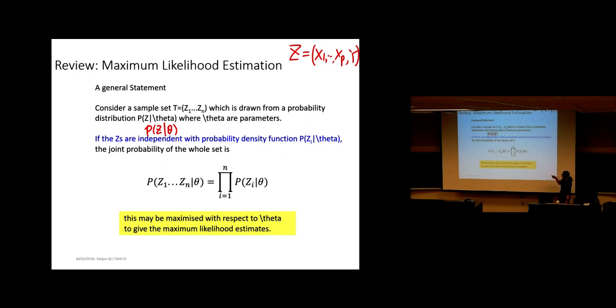Then you look for the theta that maximizes this, and this whole procedure is called maximum likelihood estimation. It's very easy, right? In the end, it's the drawn probability of many samples. You do argmax over theta, and this is how you estimate the unknown parameters. We call this drawn probability the data likelihood.